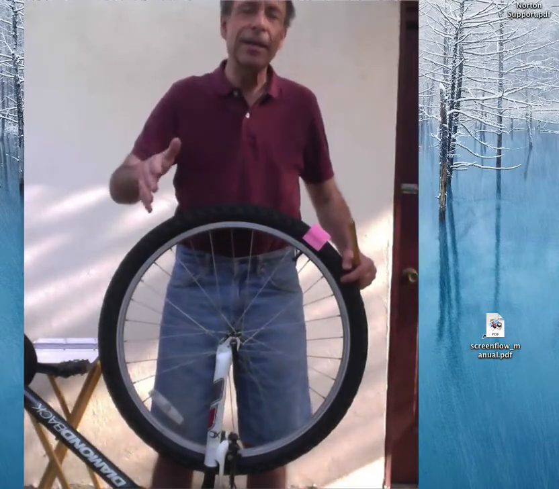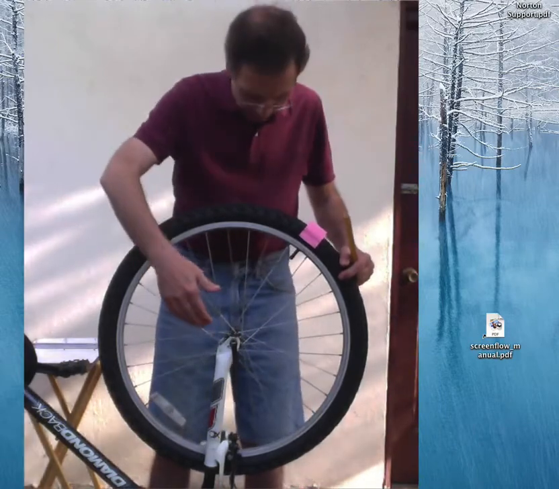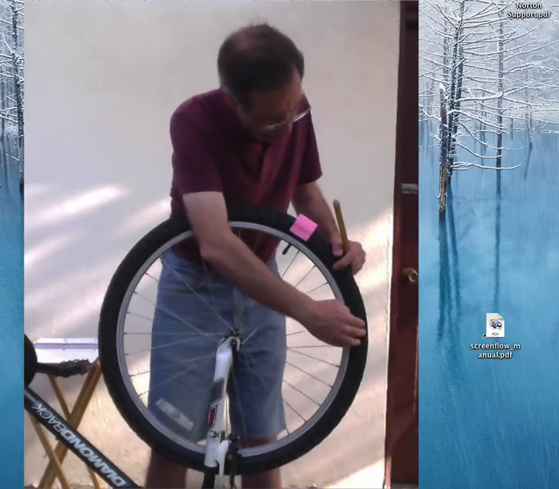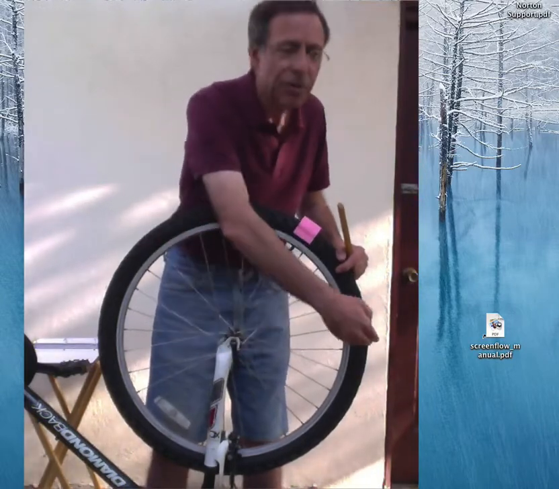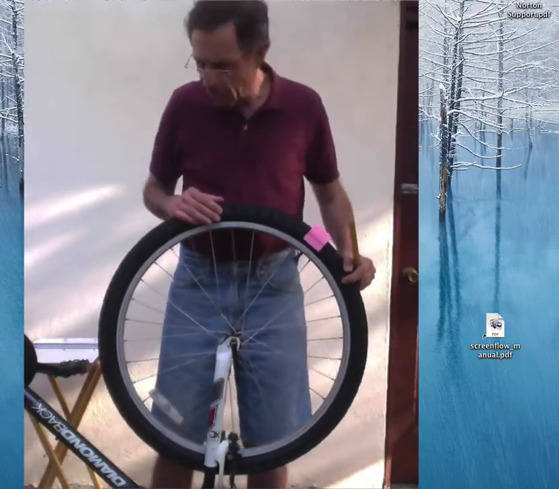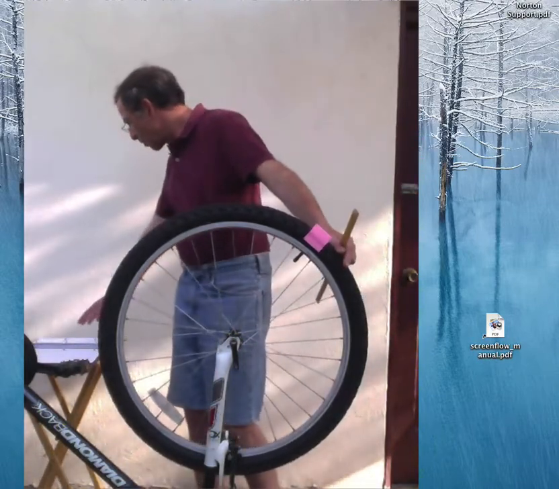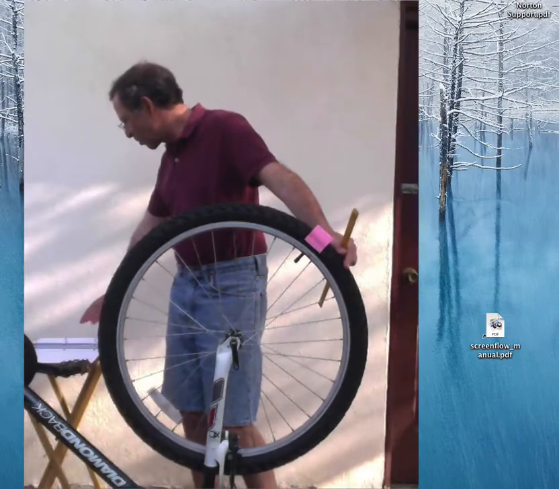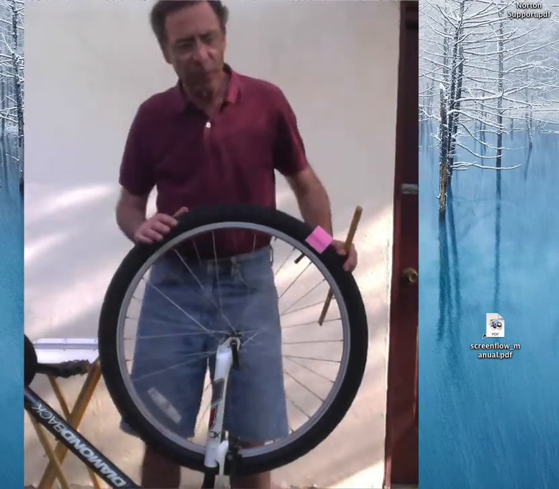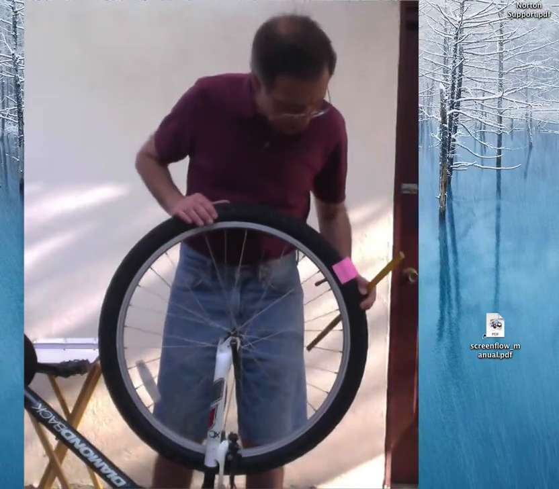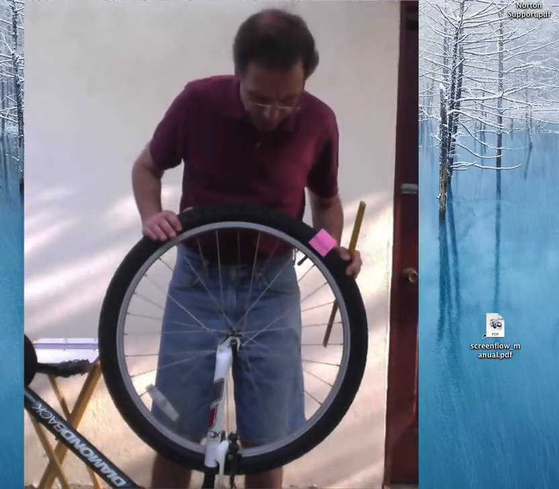So the definition of a radian is the angle that takes it around an arc distance equal to a radius. So 1 radian turns out to be about 57 degrees. So this would be about 45, and here we have 57.